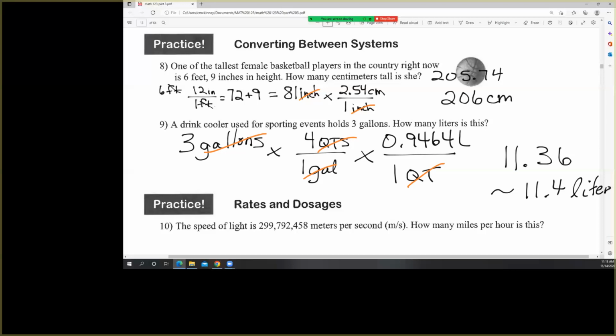Personally, I rarely round something to the whole number. Particularly a liter, it's a big difference if you ignore almost half a liter. That's a pretty big difference in liquid. If I ignore that little portion of a centimeter in her height, that's not as big a difference, I guess. Also, when I round it to the whole number, if it doesn't tell me to, I always feel like I'm kind of lying.